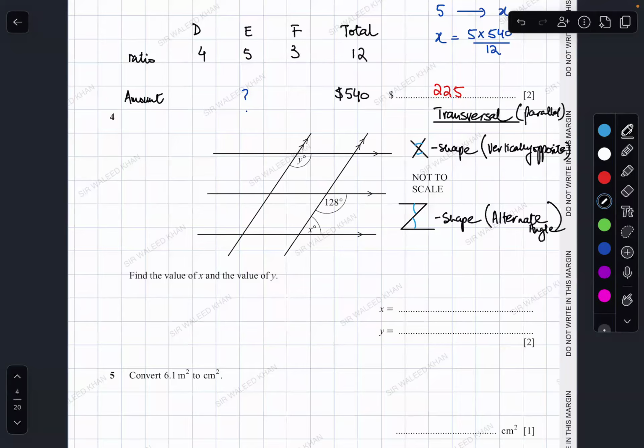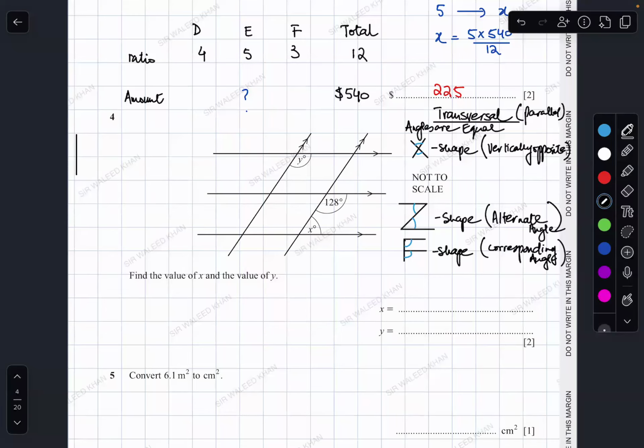Then we have an F shape angle. It can be a slightly slanted F, or an inverted F. So you have to look for the shape. These two angles are called corresponding angles. And all these angles are equal. Except this one.